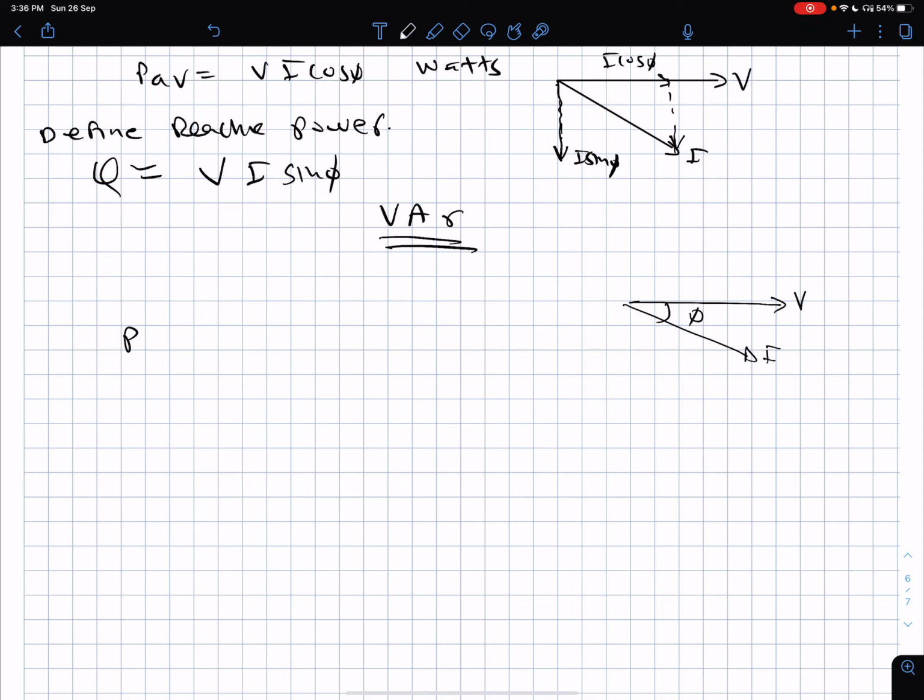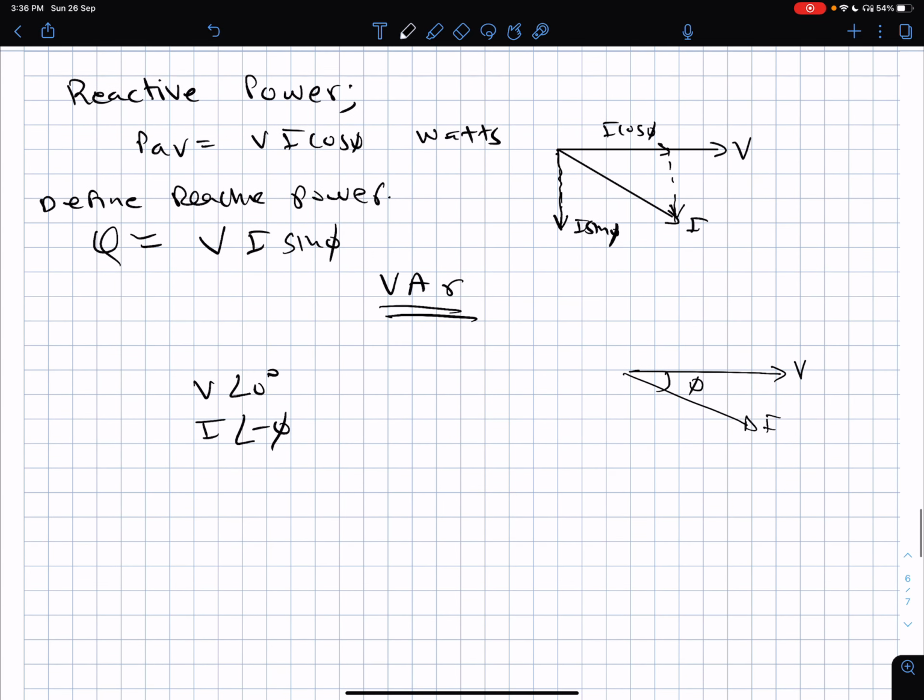So notationally I am writing this as V angle 0 and I angle minus phi. And with this, I am associating a positive P average and a positive reactive power.